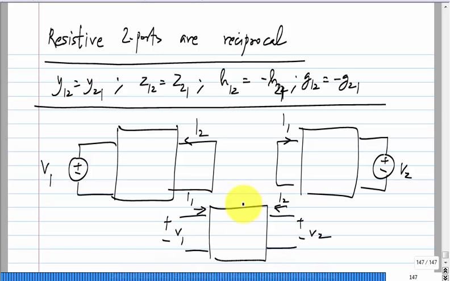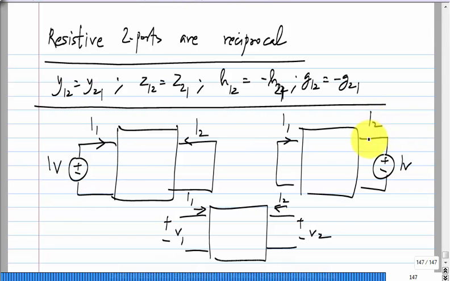No. So, the power delivered by this is V1 times I1 in this circuit. Okay. So, let us say we keep the same voltage here. Let us say we have 1 volt here and 1 volt here, right. The power delivered here is 1 volt times I1. The power delivered here is 1 volt times I2.